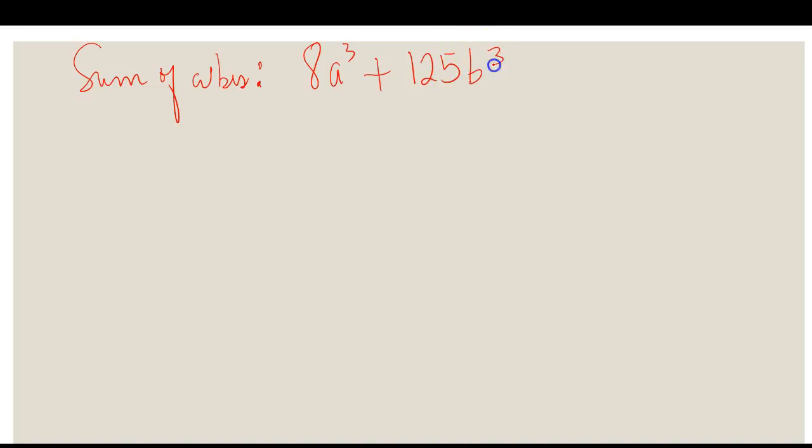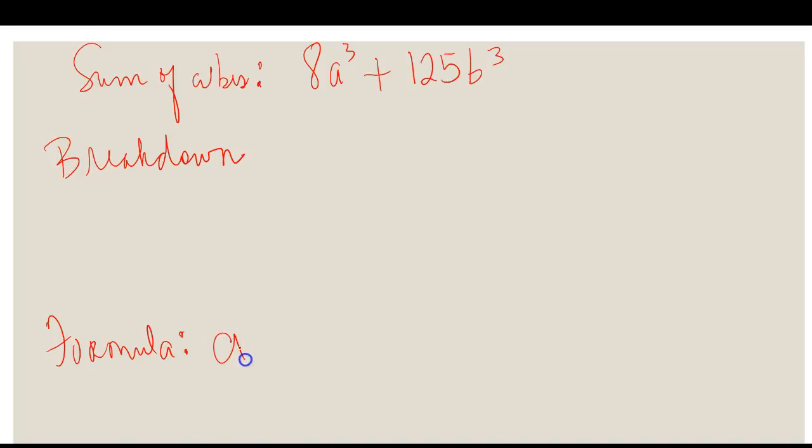So the biggest thing here is the breakdown part, which I asked all of my students to do, is to first break down the 8a cubed plus 125b cubed into the a and the b, because the formula that I give you, and it's not universal, you don't have to use a and b, but the formula that's in our textbook is a cubed plus b cubed equals a plus b times a squared minus ab plus b squared.